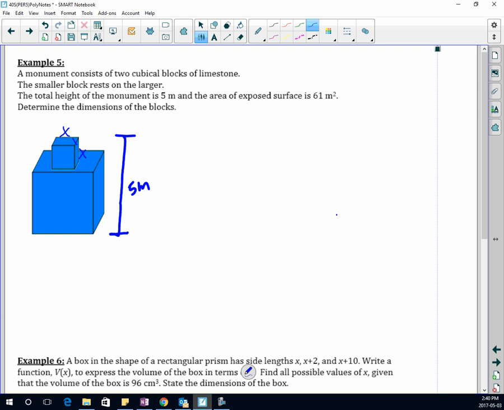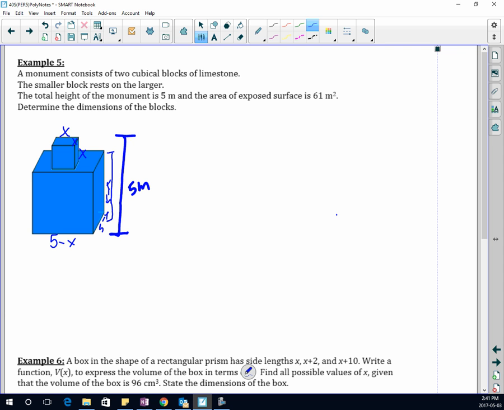And this side's x. So then how high is this? From here to here would be 5 minus x. So this is 5 minus x, and this is 5 minus x. Does everybody see how I got those dimensions?